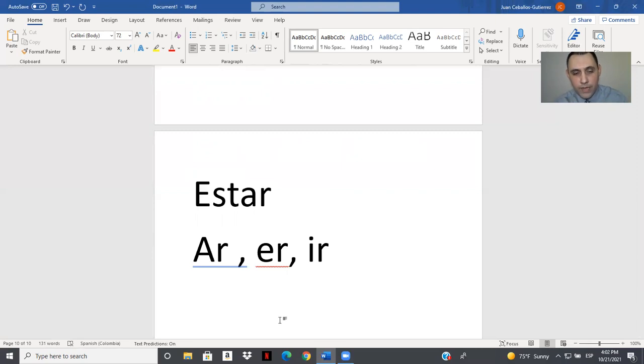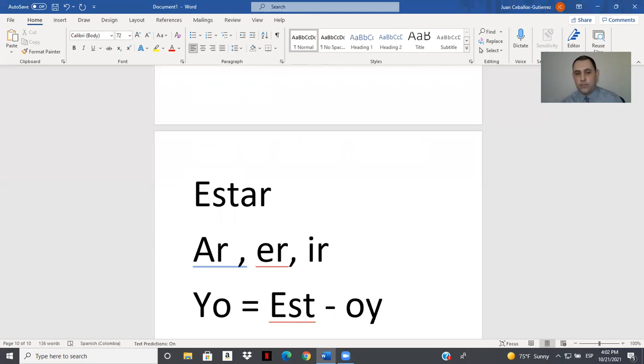Now, how do you conjugate this verb? The rule is this. In the first person singular, which is yo, you drop the AR and change it for oy: estoy.